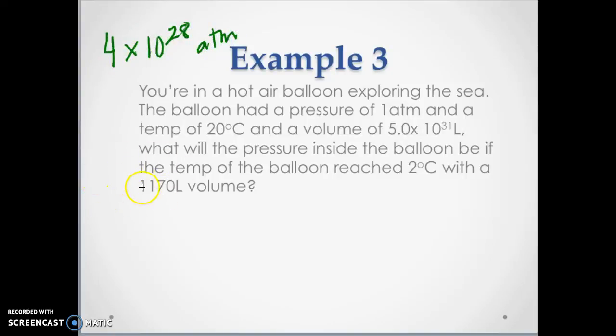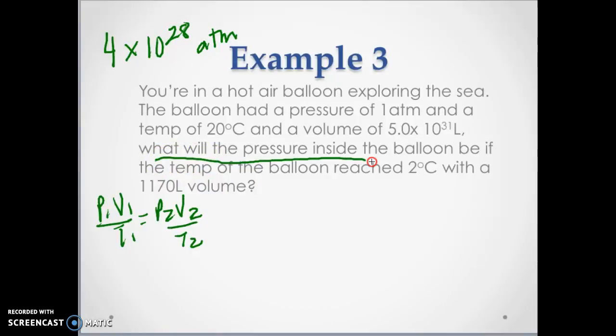Okay, so again, use your formula. P1 V1 over T1 equals P2 V2 over T2. It says, what will the pressure inside be? So we're looking for P2, but first we need to cross multiply.